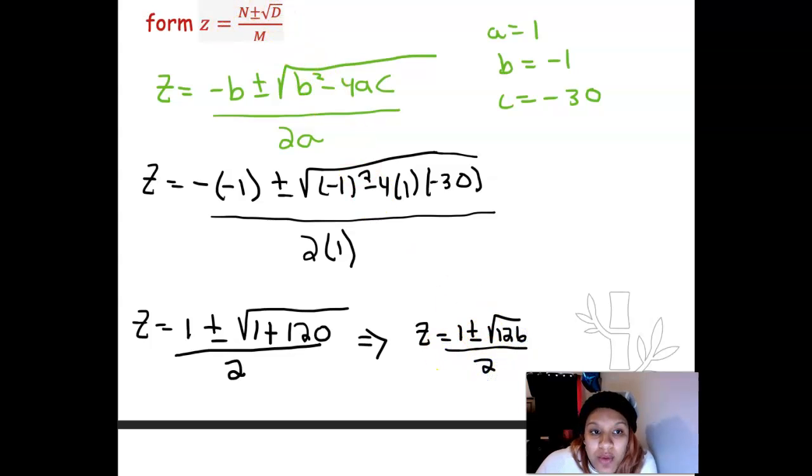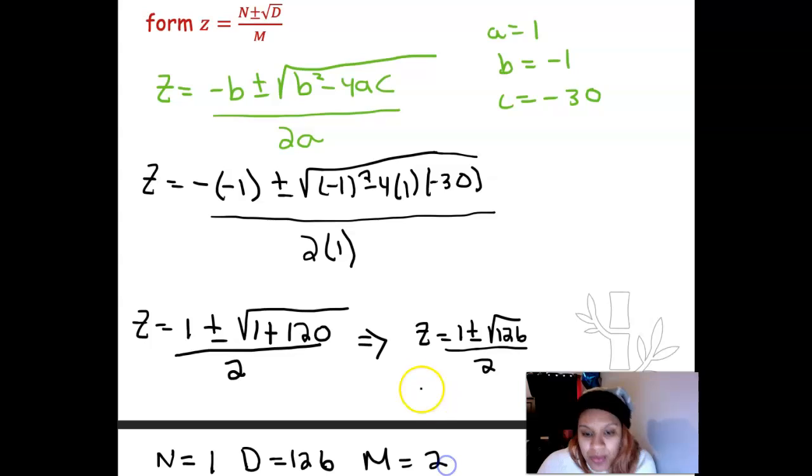If you notice, they want you to put in this format. So that means that the n is the 1, the d will be the 126, and the m is 2.